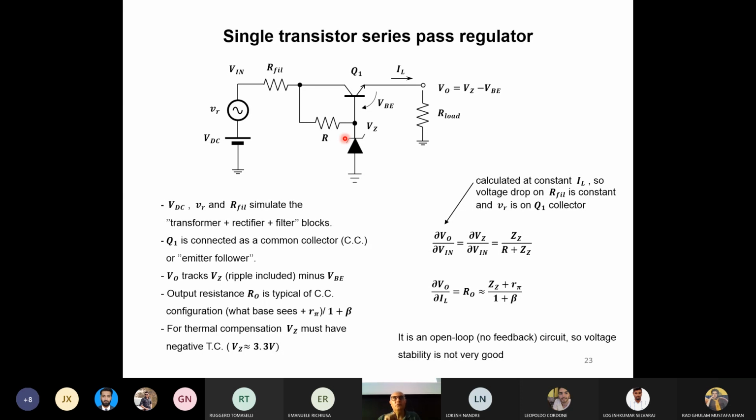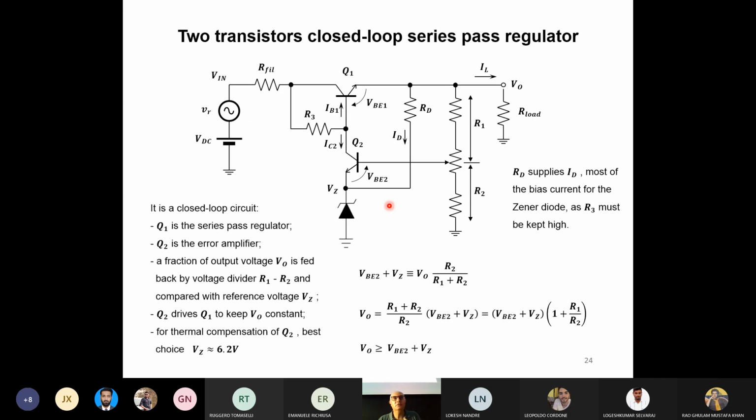So if you can introduce a system for comparing the output voltage and the reference voltage, giving a feedback, we can improve the performance of this circuit a lot. So the circuit is fine, but there's no feedback. If you want to improve the performance, you must introduce the feedback. And we get to this one. It's a 2-transistor circuit plus 1 Zener diode, where we have the feedback.